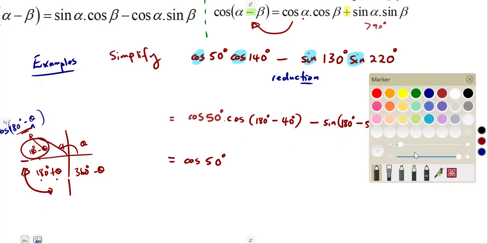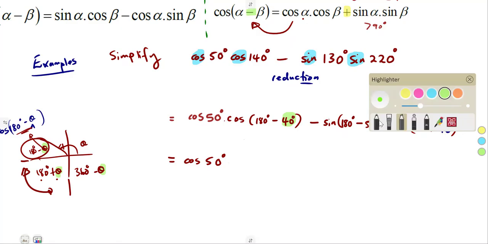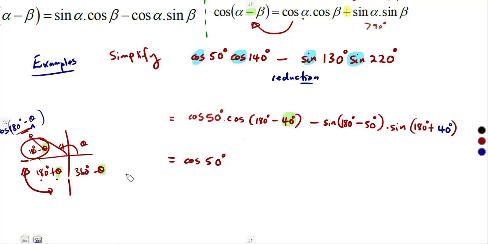We are now rewriting as a trig of the acute angle theta. 180 minus theta is in the second quadrant, that is the quadrant for sine. Remember from the CAST concept, we talked about this, guys. So cos there is negative, since we are talking about sine. So that's negative cos of the acute angle theta, which is 40 degrees.